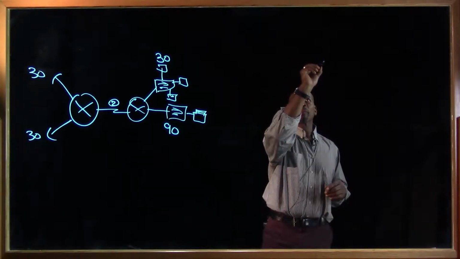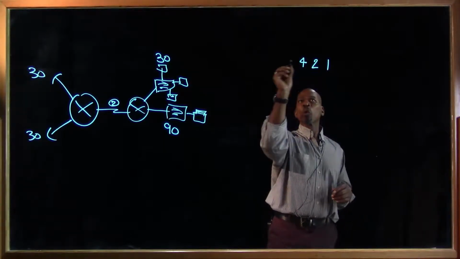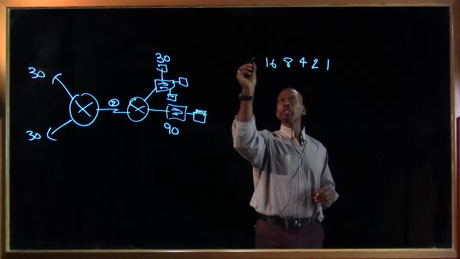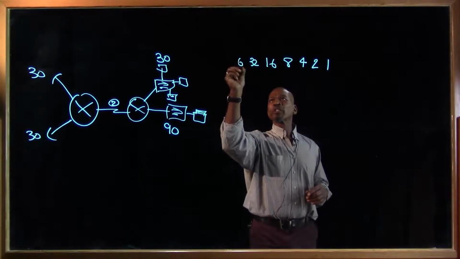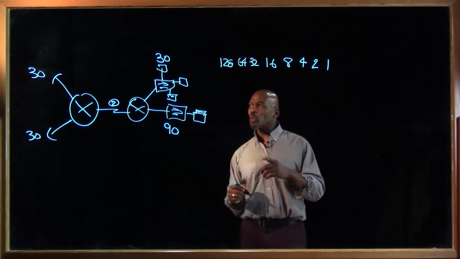Here's how it works. I'm going to count in binary: 1, 2, 4, 8, 16, 32, 64, 128. And now I'm going to also write down some rules.